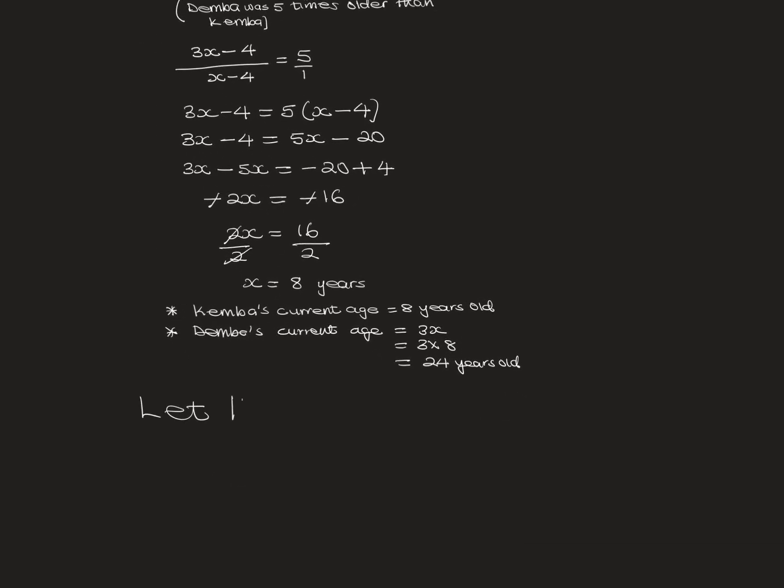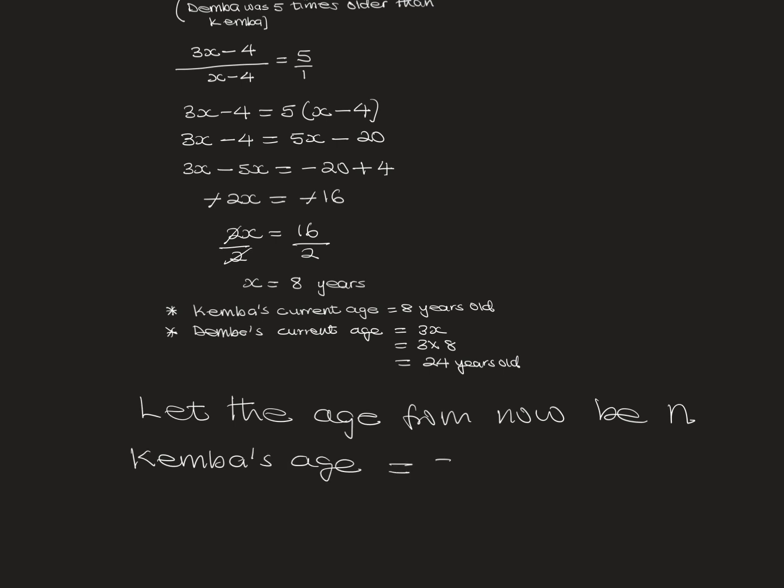Let the age from now be n, right? So which means in n years, Kemba's age would be 8 plus n, while Demba's age would be 24 plus n in the future, right?